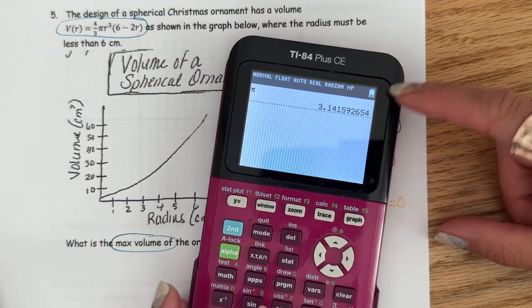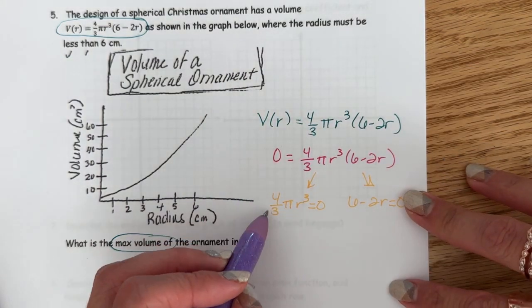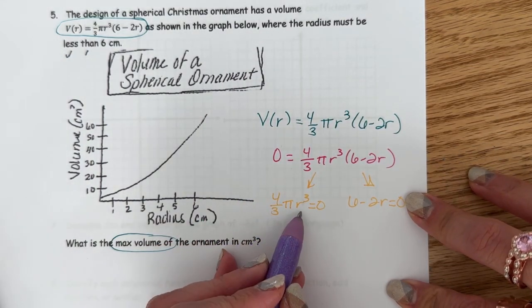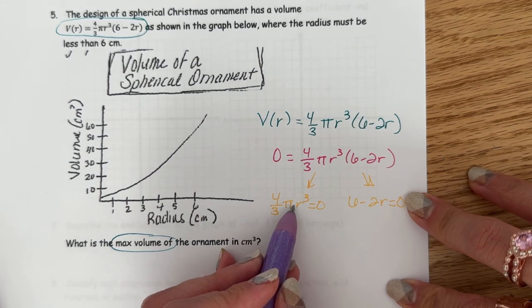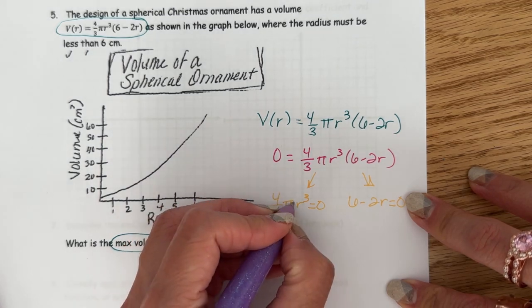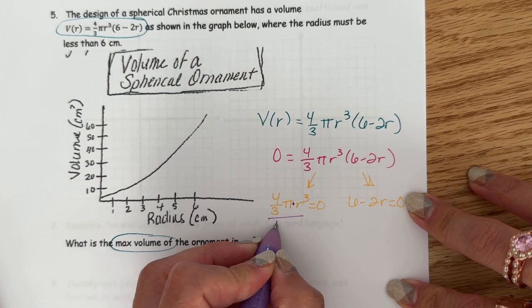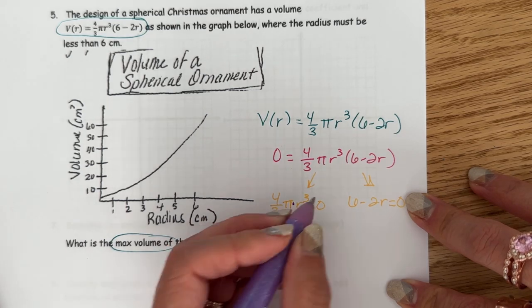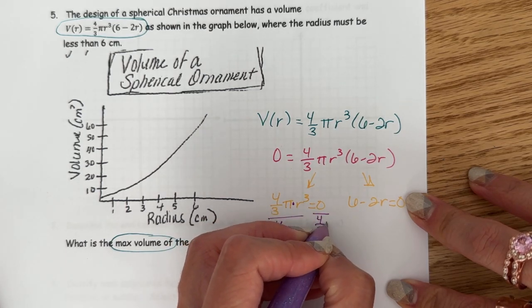So this 4/3 pi goes together. It's just a coefficient. To get it separated from the r cubed, next to means multiplication, so to undo multiplication, you divide by 4/3 pi on both sides.